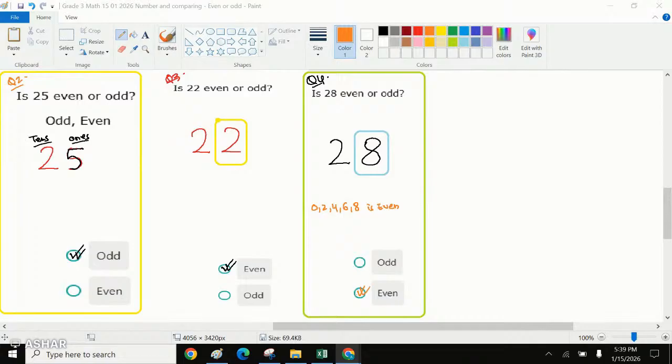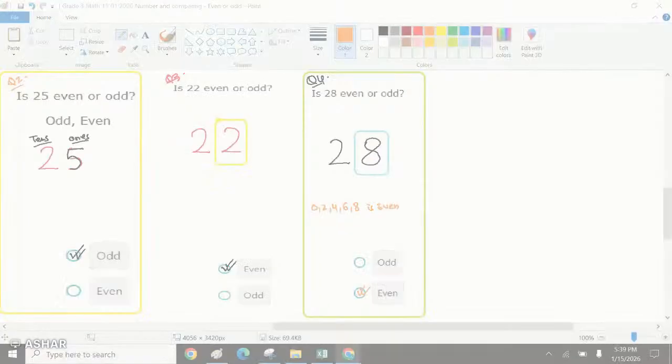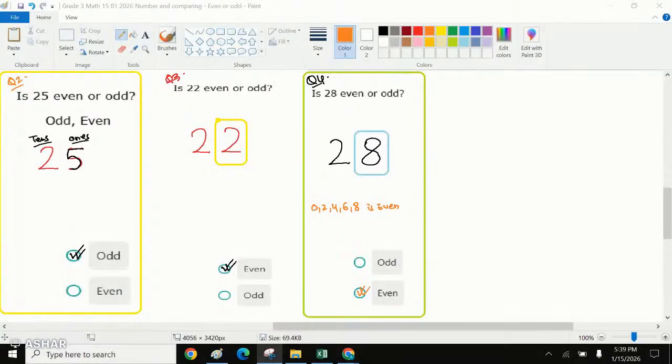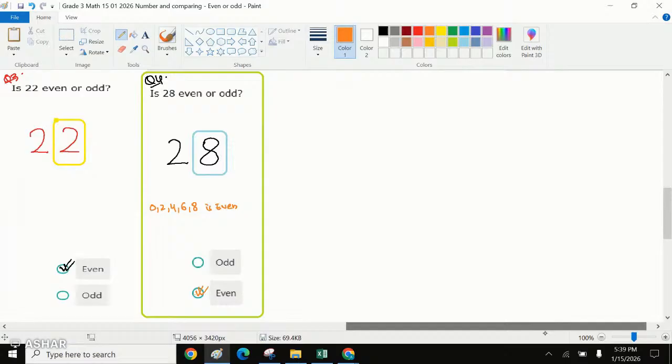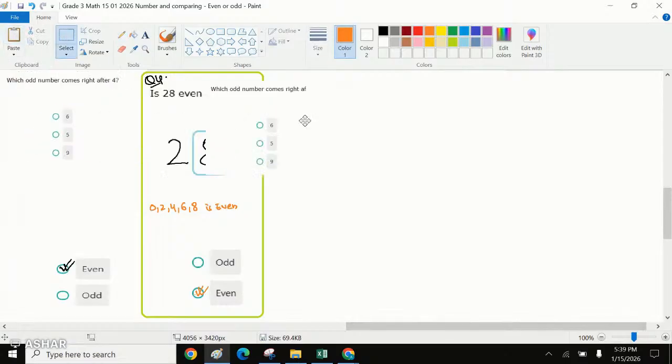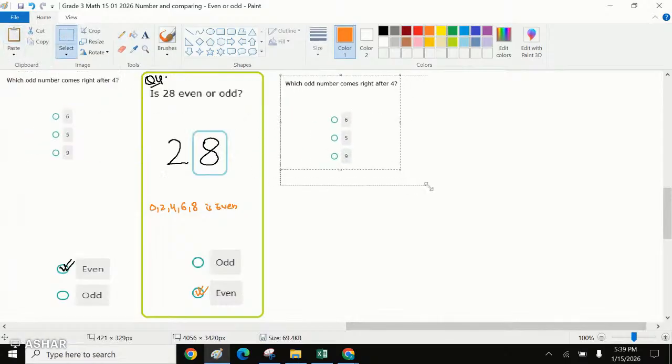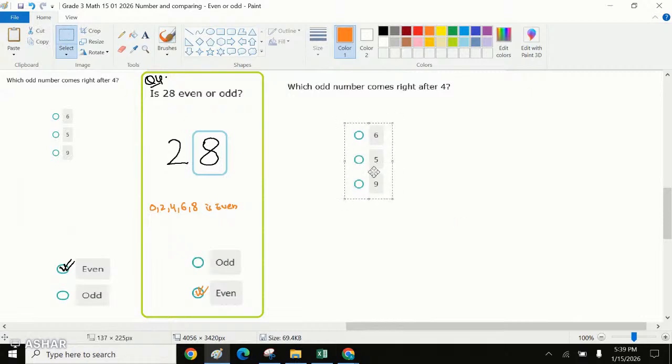For the next question, it says, which odd number comes right after the given number?